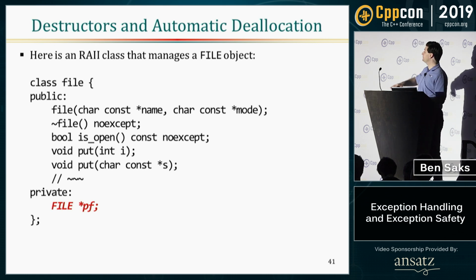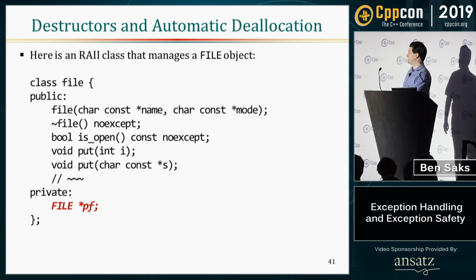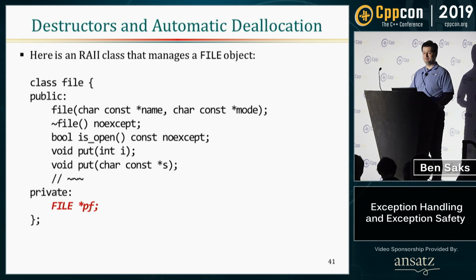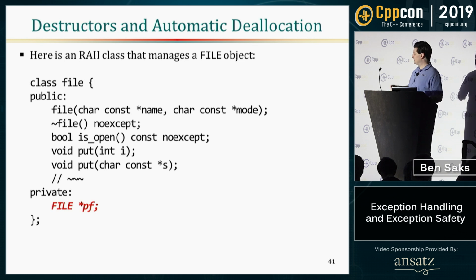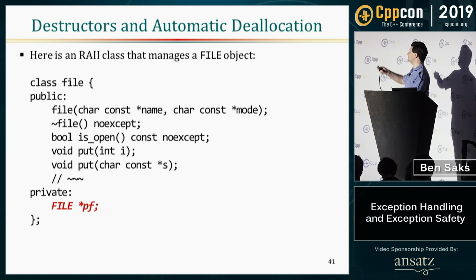So here is a basic class called file that implements this RAII behavior. It opens the file in its constructor and closes it in its destructor. Then it has a few other functions here for checking to see whether the file is actually open and writing out to it.